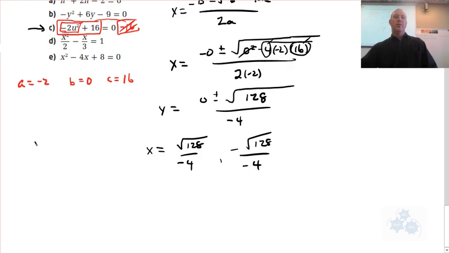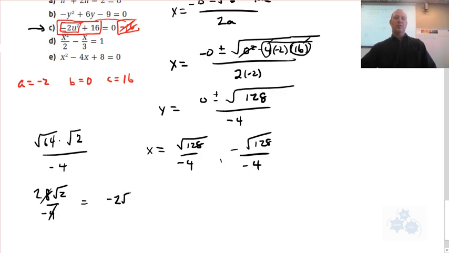So root 64 times root 2 over negative 4 becomes 8 root 2 over negative 4. And then we can simplify this, so that's negative 2 root 2. And by the same logic, the other one is going to be positive 2 root 2.